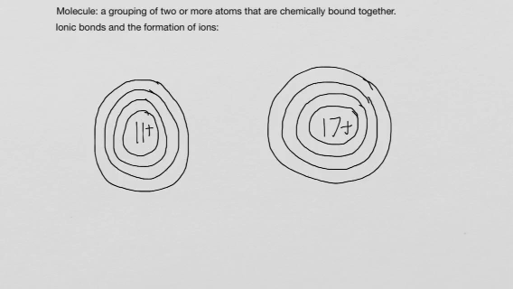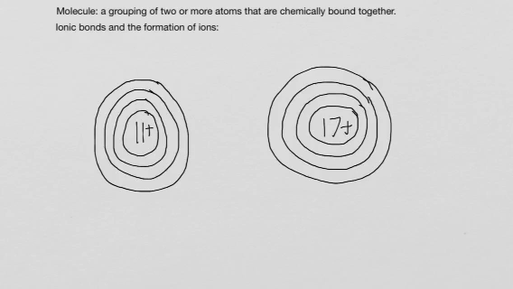So here we have two atoms. One atom of sodium, that's atomic number 11, and one atom of chlorine with atomic number 17. I haven't placed their electrons yet, and I'm going to do so in different colors just because I want to illustrate what actually happens.